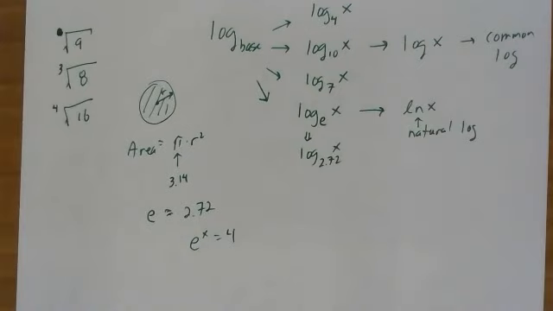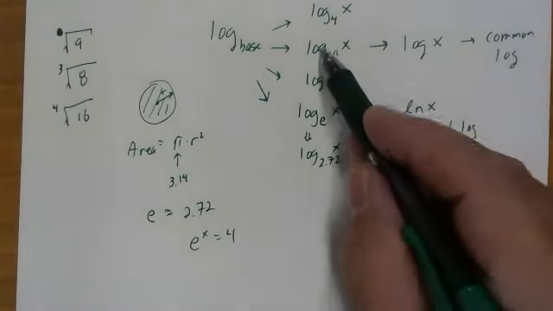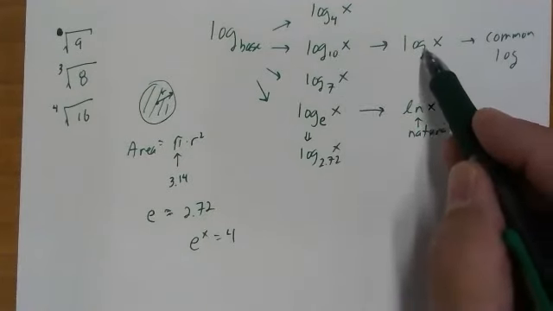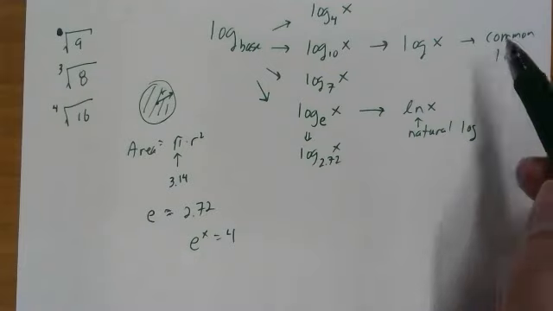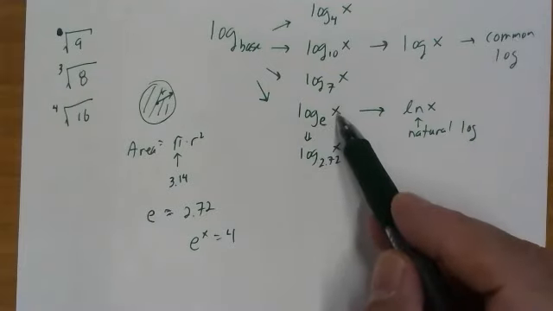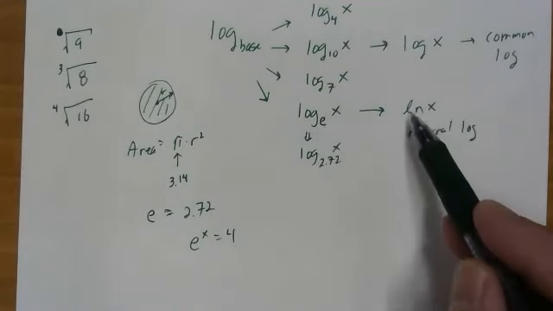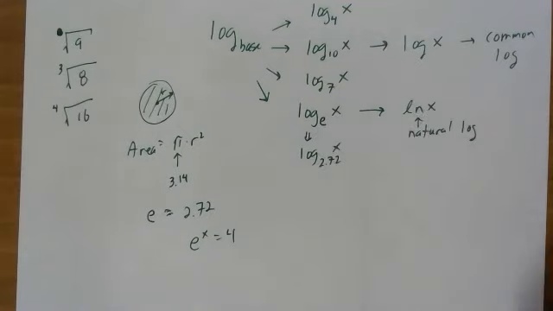So really there are two special logs. Log base 10, we just don't write a base, and it's called the common log. And then log base E, we don't write log base E, we write natural log of X. As a matter of fact, what's interesting is, I have a pretty old calculator.